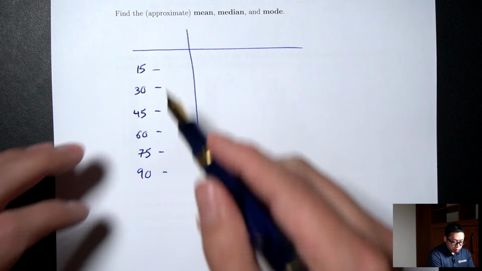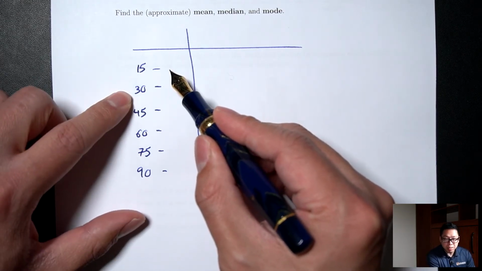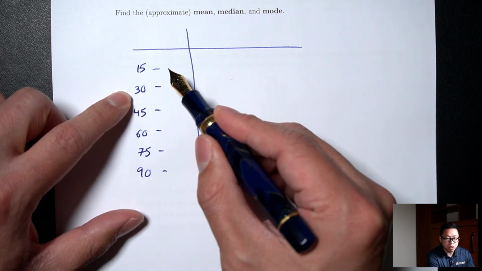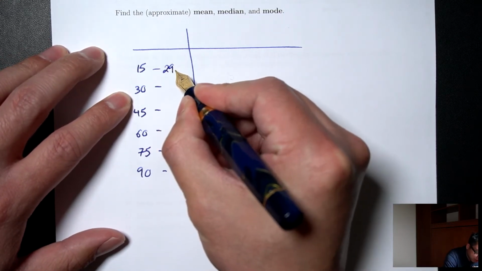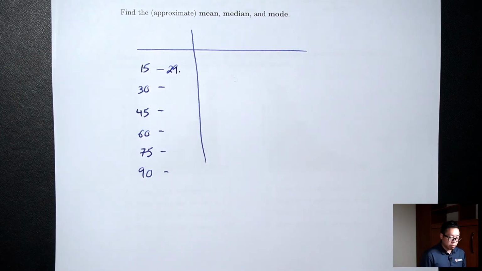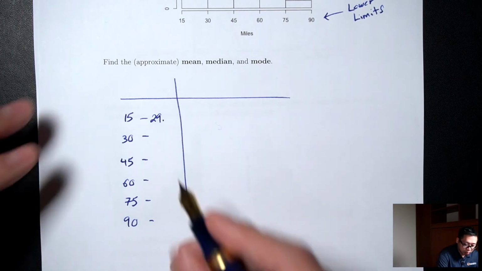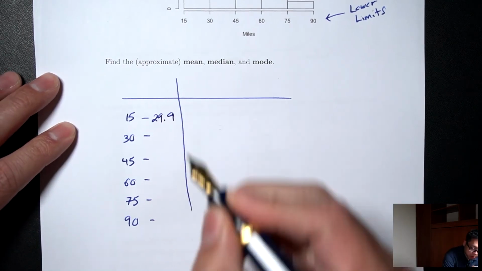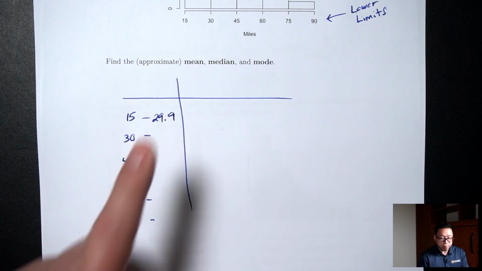Now, the upper numbers. This first upper number should be the number that's slightly below 30, just below 30, which is 29. And then you can use however many decimals you want. Because we don't have the original data here, you can use 1 decimal or 2 decimals or 3 decimals. It's up to you. So 29.9 or 29.99 or 29.999 or even more than that.